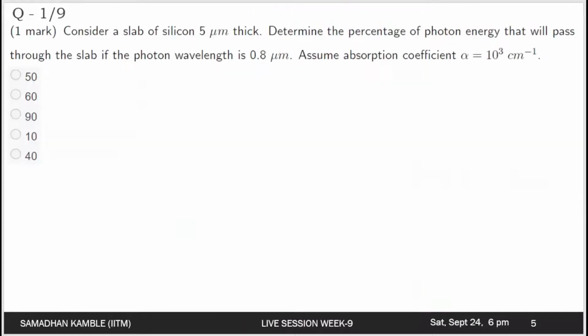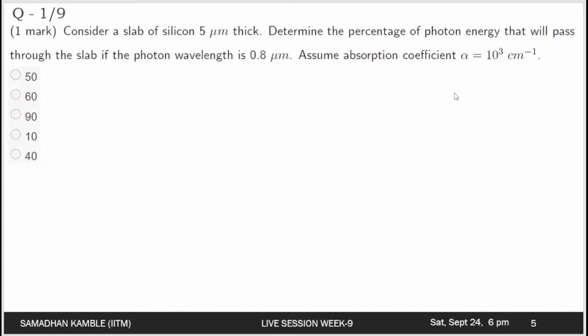So let us start with problem number 1. It is a simple problem based on a formula. The problem is as follows. Consider a slab of silicon which is 5 micron thick. Determine the percentage of photon energy that will pass through the slab if a photon of wavelength 0.8 micron is incident on it.